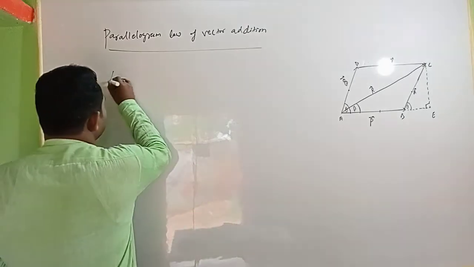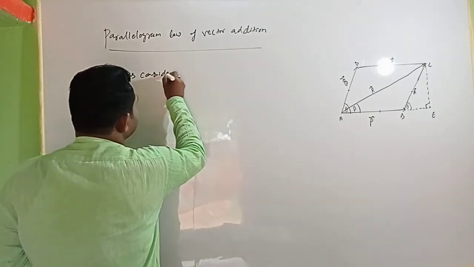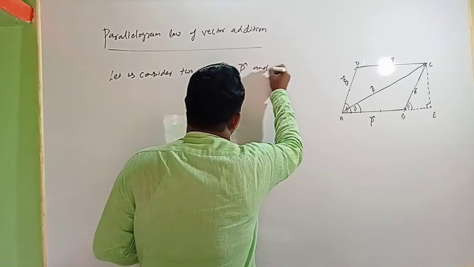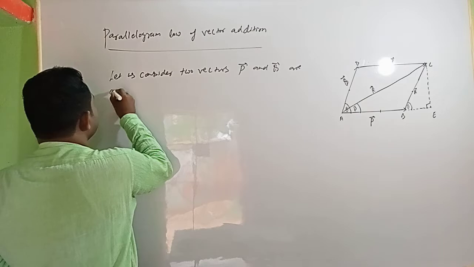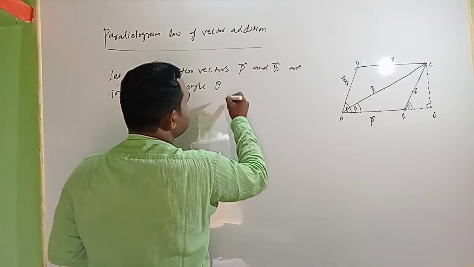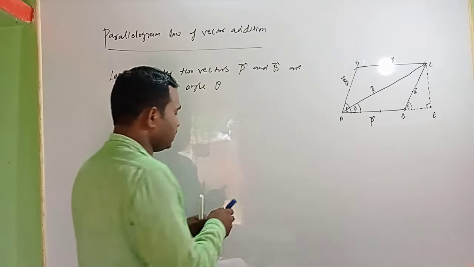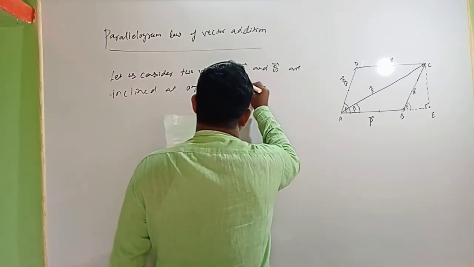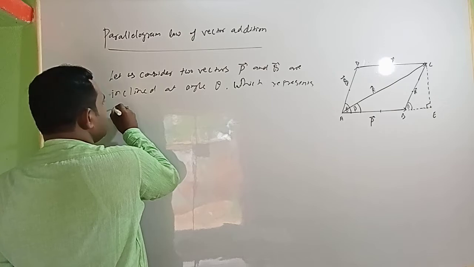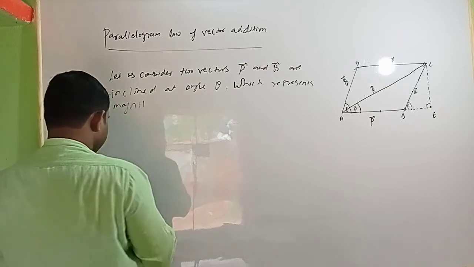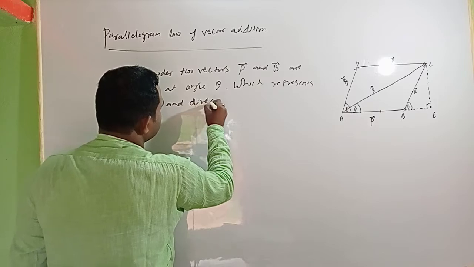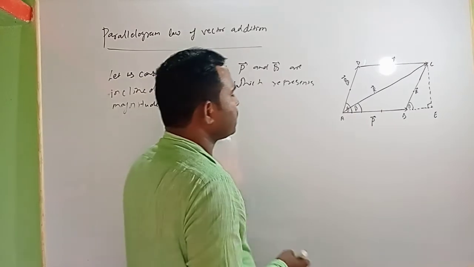So let us consider two vectors, vector P and vector Q, inclined at angle theta, which represent magnitude and direction.